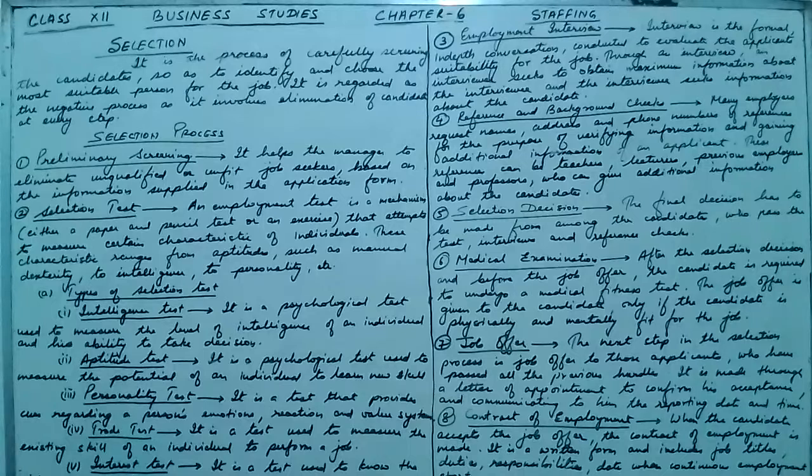Basically there are 5 selection tests. The first is the intelligence test. It is a psychological test, done to measure the level of intelligence of an individual, so as to know whether he has the ability to take the right decision or not.